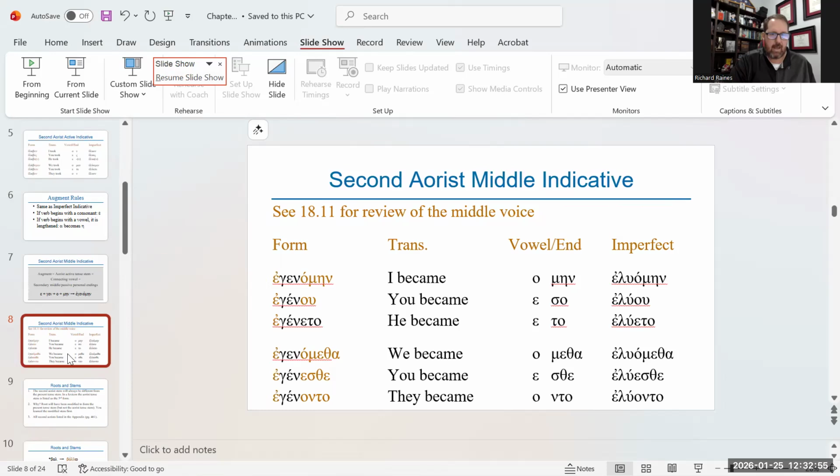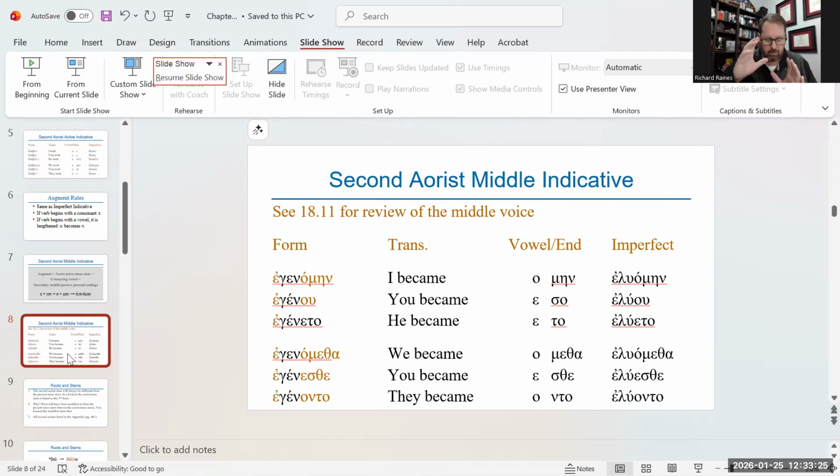So you've got the augment on all those words. And this is from ginomai. We're looking at page 244, section 22.15. This is ginomai. I think this is one of your words this week. I become. So egenomen, I became, just simple past. Egenou, egeneto, egenometha, egenesthe, egenonto.